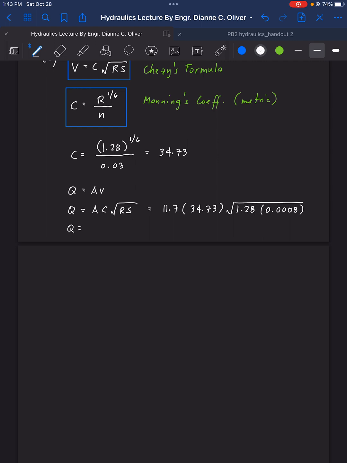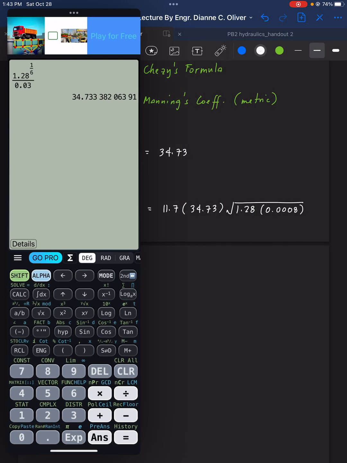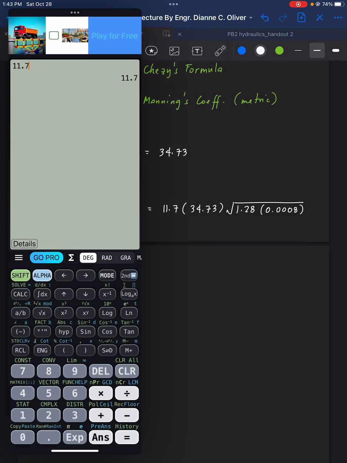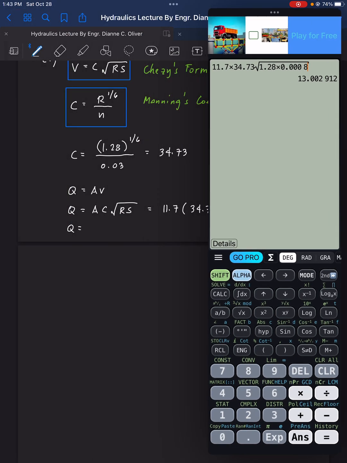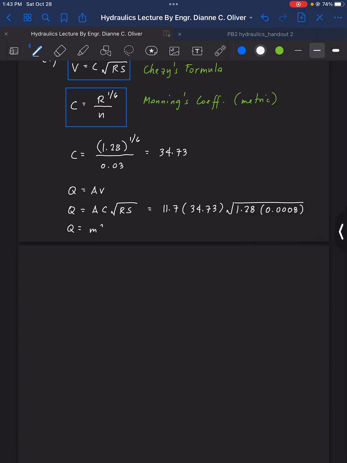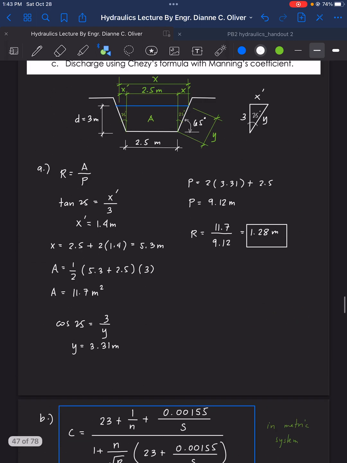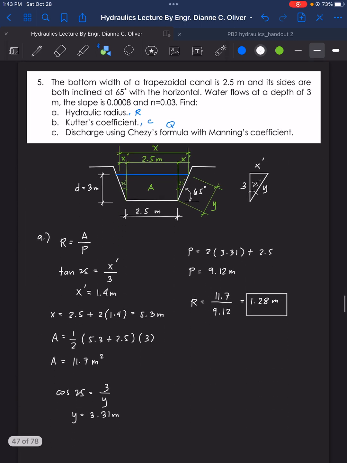So Q, or discharge, is equal to 11.7 times 34.73 square root of 1.28 times 0.008, so 13 cubic meter per second. So this is the discharge Q. So that's for example number 5.